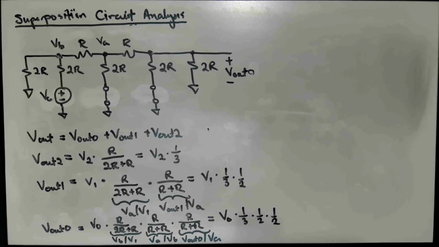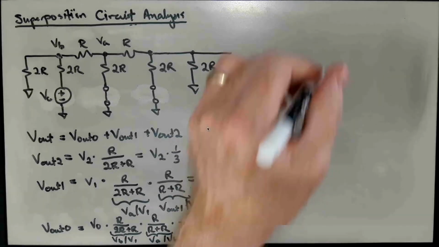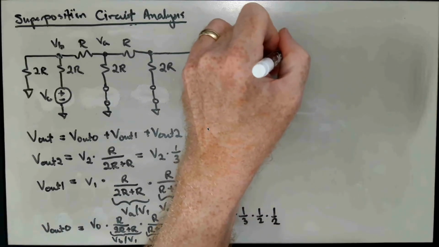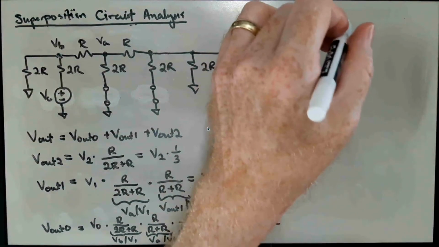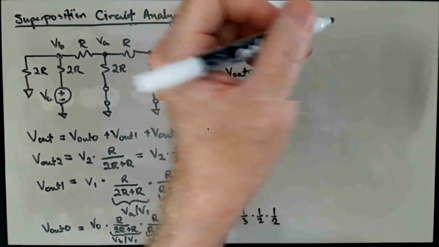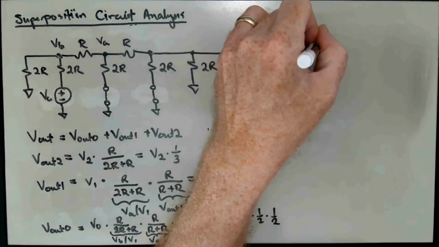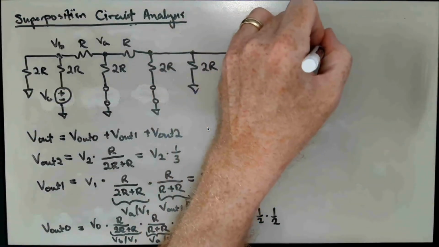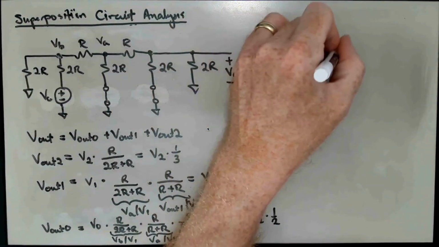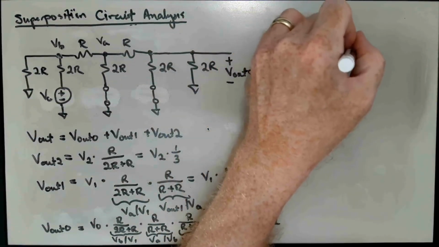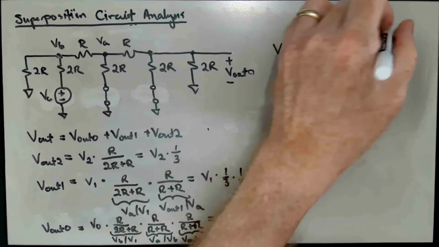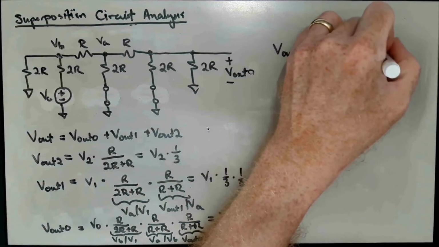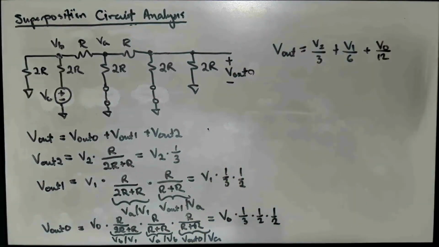So we can combine all of these things and write that Vout is equal to V2 over 3 plus V1 over 6 plus V0 over 12.